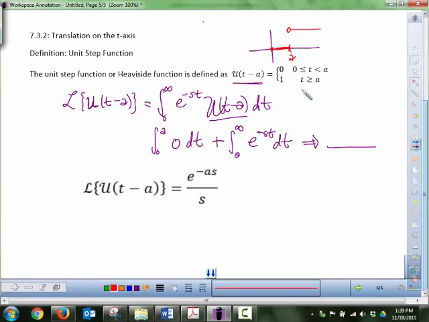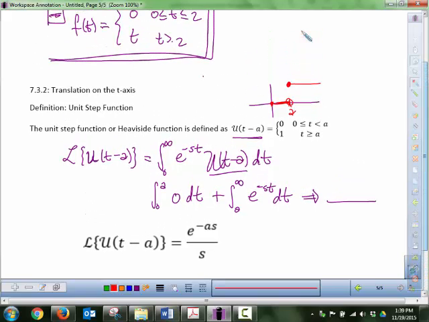I guess one of these holes is filled in. Let's fill in the top one. Doesn't matter. But it's a step function. So in general, we don't want it to just step up to 1.